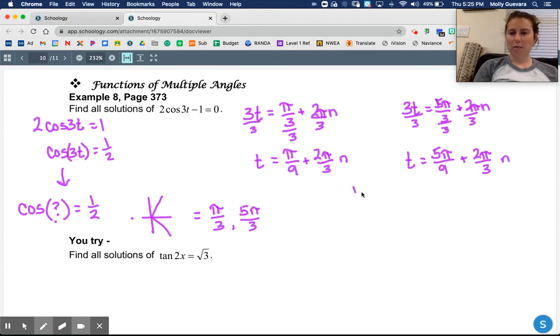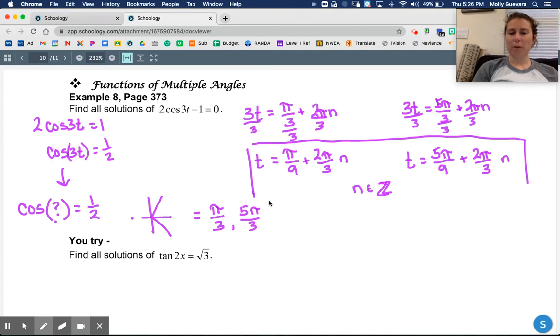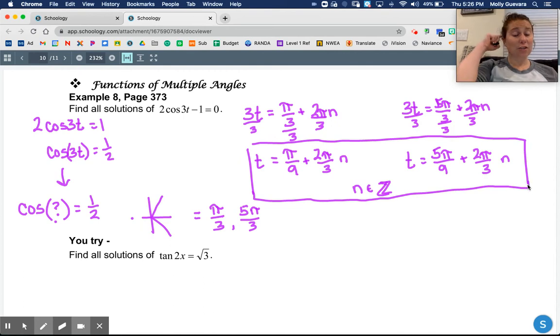Again, where n is in the set of all integers. So it's just taking it one step further, okay? We know how to find the angle that makes that trig function true. The only difference is because it's a 3t instead of just a t, we then have to divide everything by 3 in order to make it work.